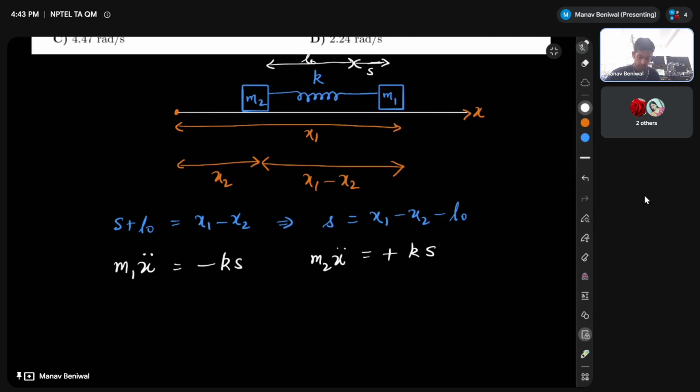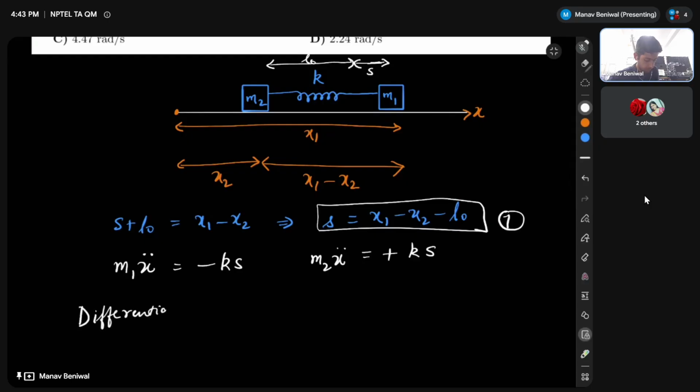Now, from the equation for s, let's call it equation 1, we differentiate with respect to time twice.